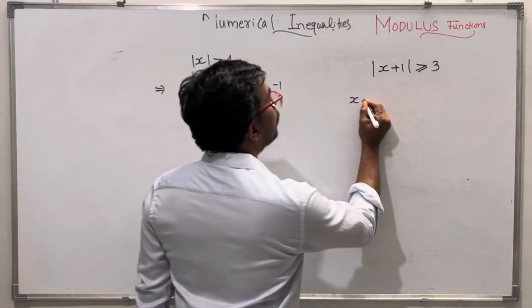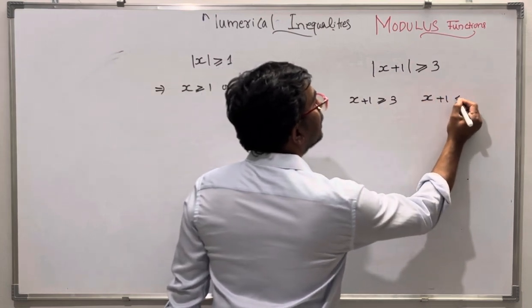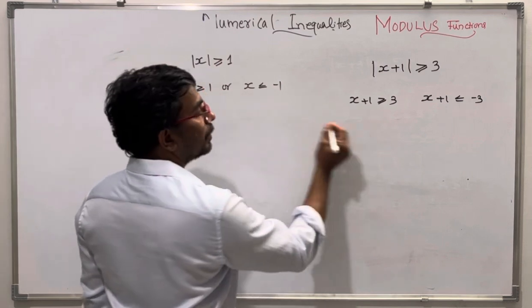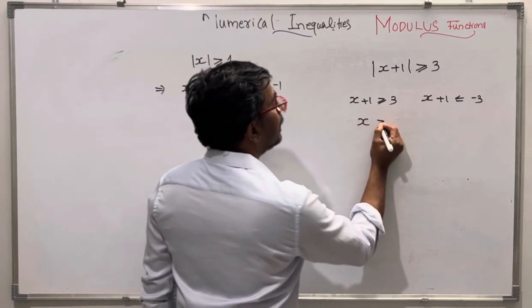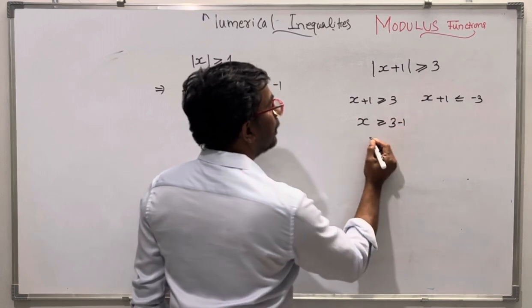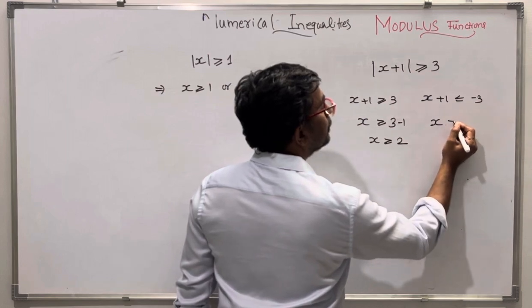So x plus 1 greater than or equal to 3 or x plus 1 less than or equal to minus 3. Using this, from here x greater than or equal to, take to that side, so it will become 3 minus 1. Here take to the other side.